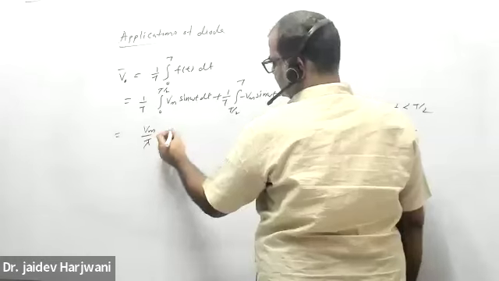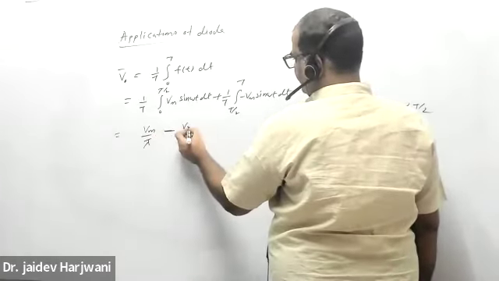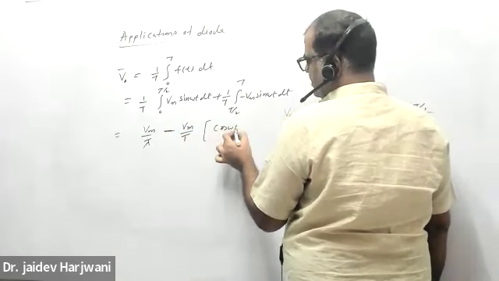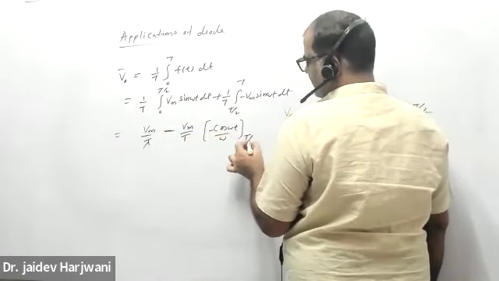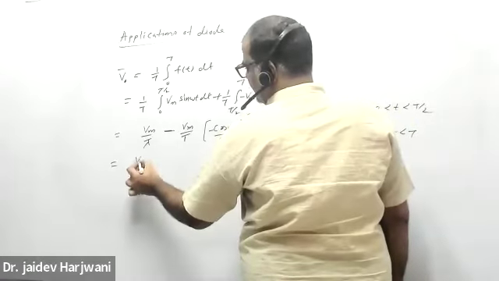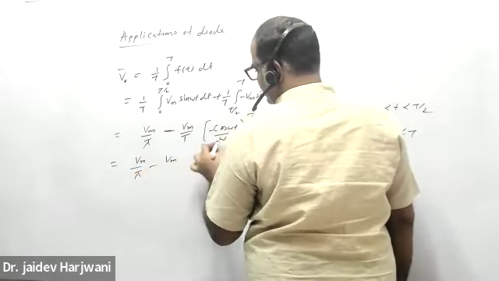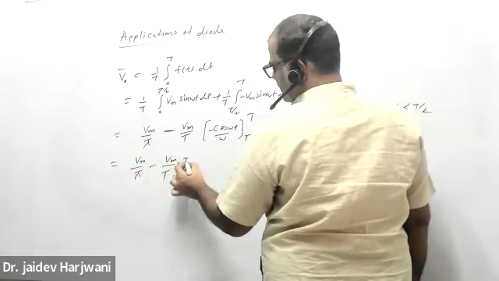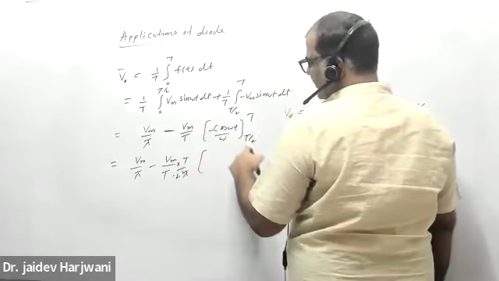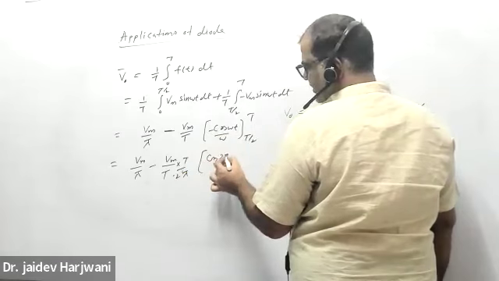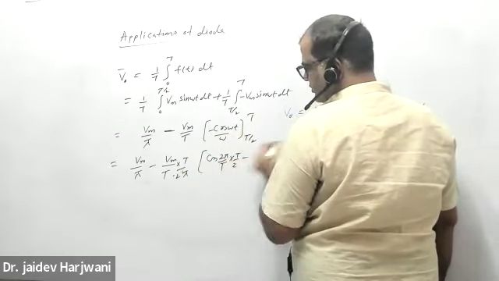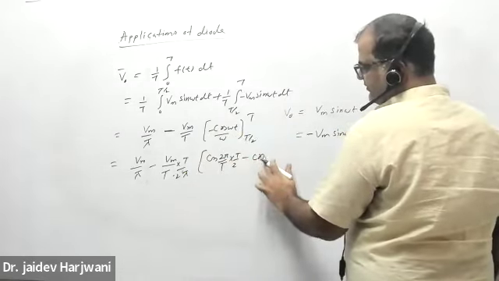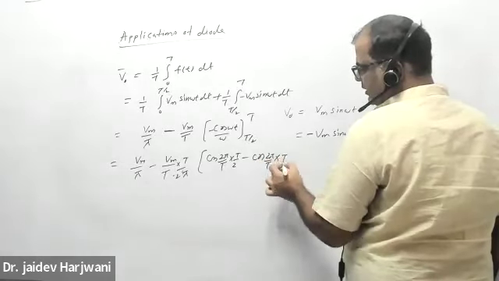So this is minus Vm upon T, this will be cos omega t upon omega, from T by 2 to T. This is Vm upon pi minus Vm T upon 2 pi, with minus here, taking the limits: cos 2 pi minus cos pi.